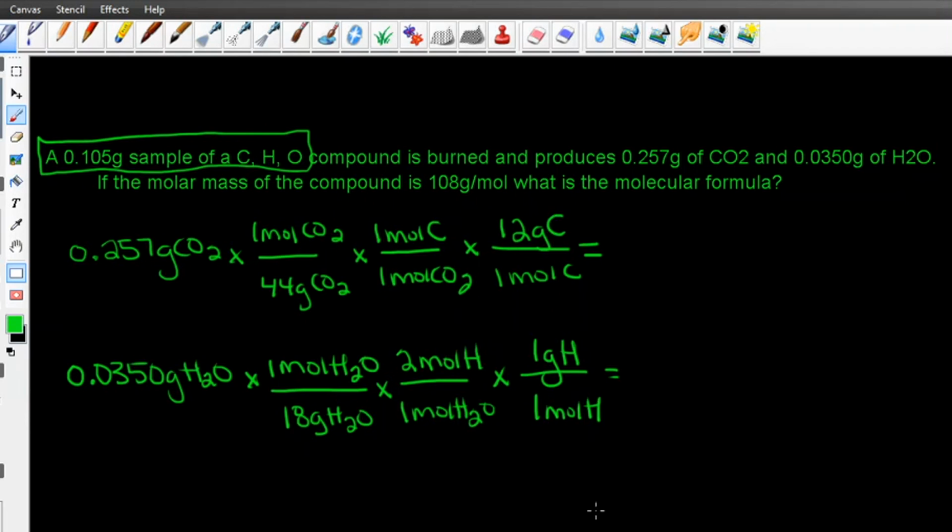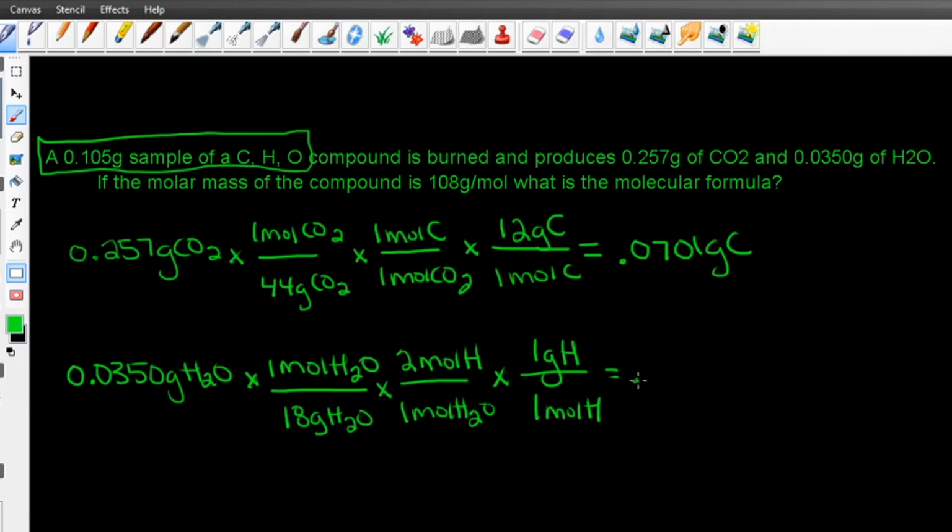So 0.257 times 12 divided by 44. Okay, so I've got 0.0701 grams of carbon. Doing my hydrogen calculation now.